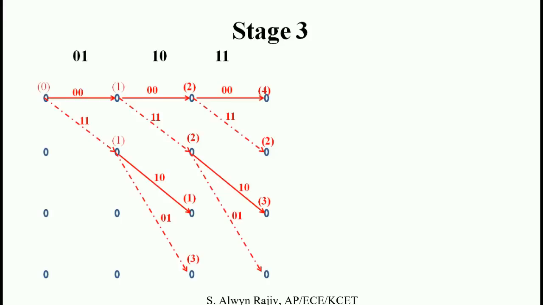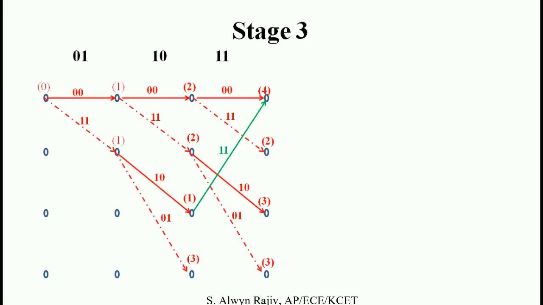Now, the present state is C. The input becomes 0. It mentioned the solid line. It mentioned the difference with the help of green color. Okay. The code word becomes 1 1.